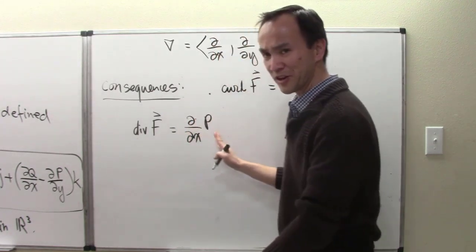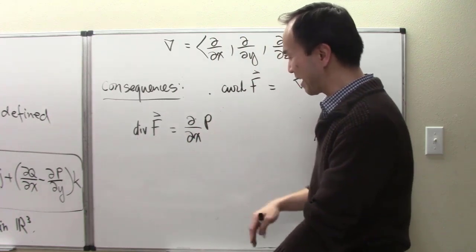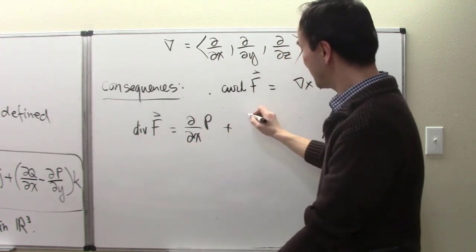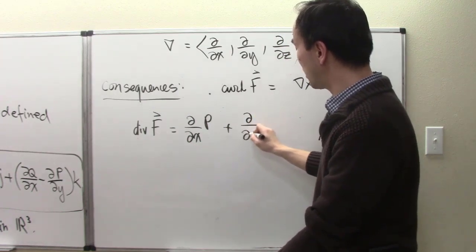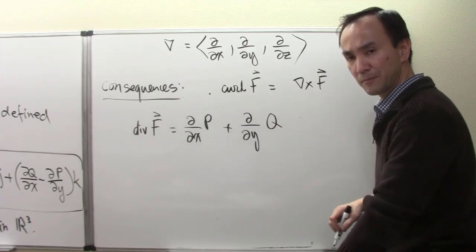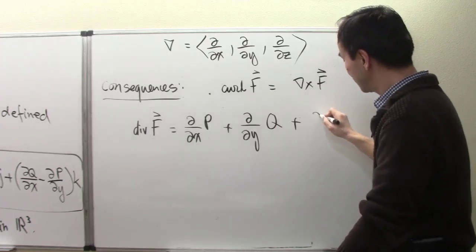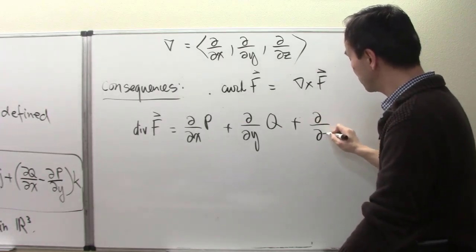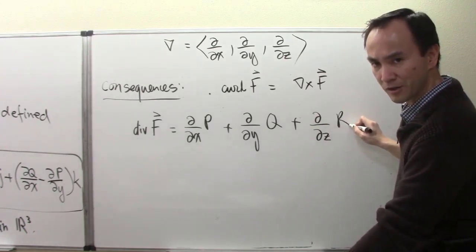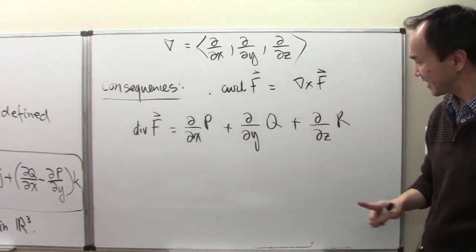I purposely wrote it out like that, separated out. Plus, that is a scalar function, plus the partial derivative with respect to y as an operator applied on the Q component, plus the partial derivative with respect to z as an operator that applies on the R component, the third component.